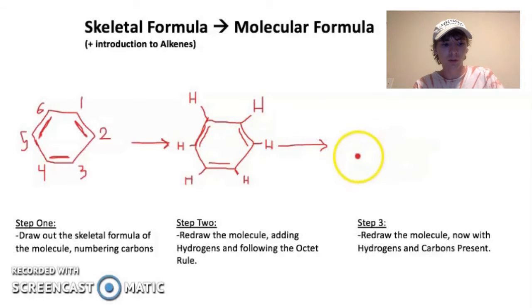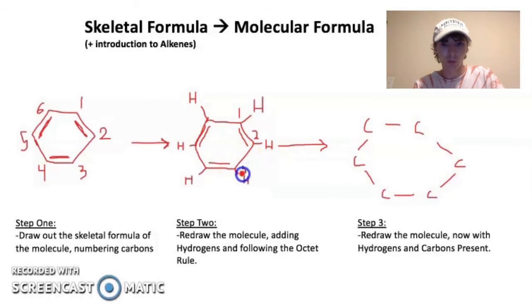So finally, we simply draw and replace the numbered intersections with a C to depict a carbon atom as seen here in step 3. So now all hydrogens and carbons are present in this interpretation of this molecule, and this molecule is benzene.